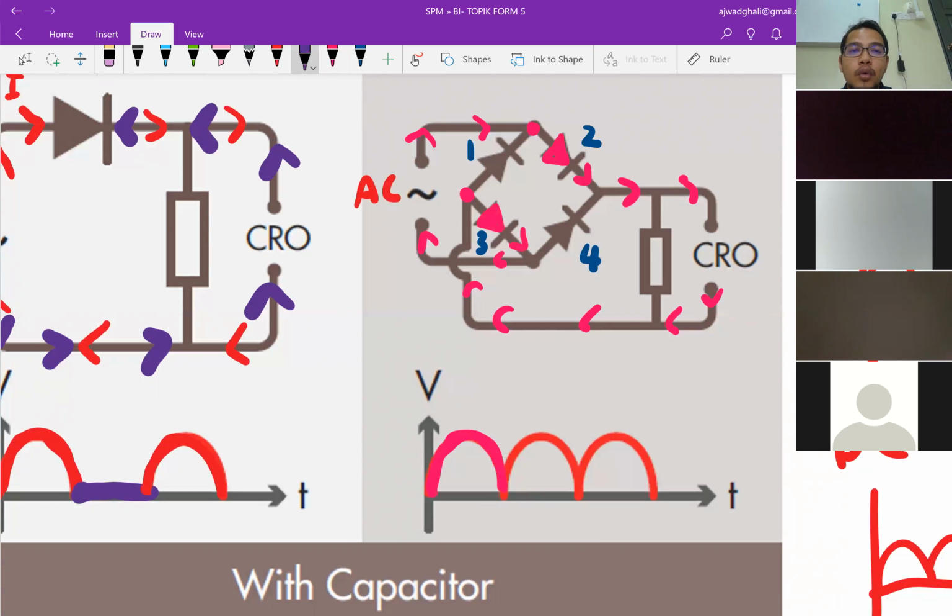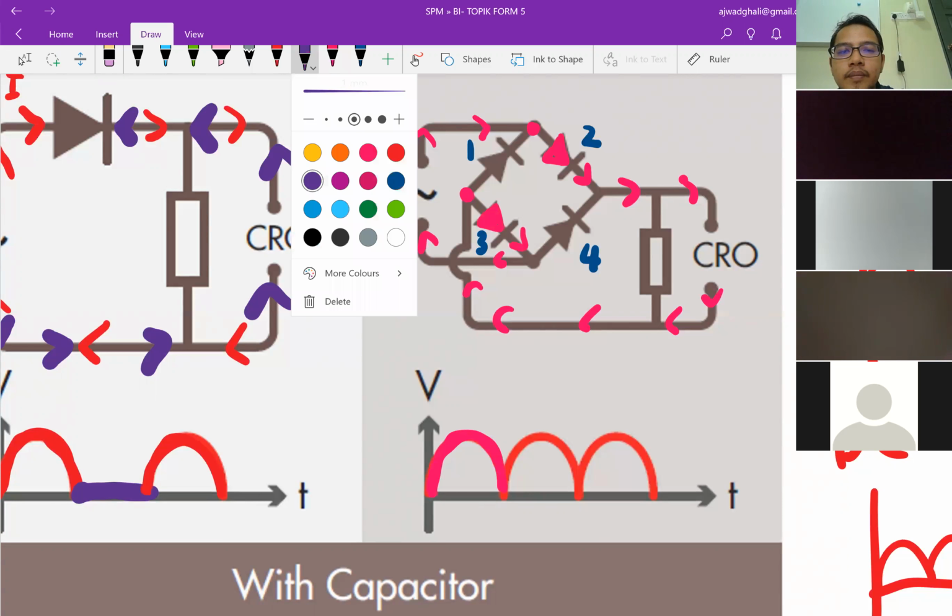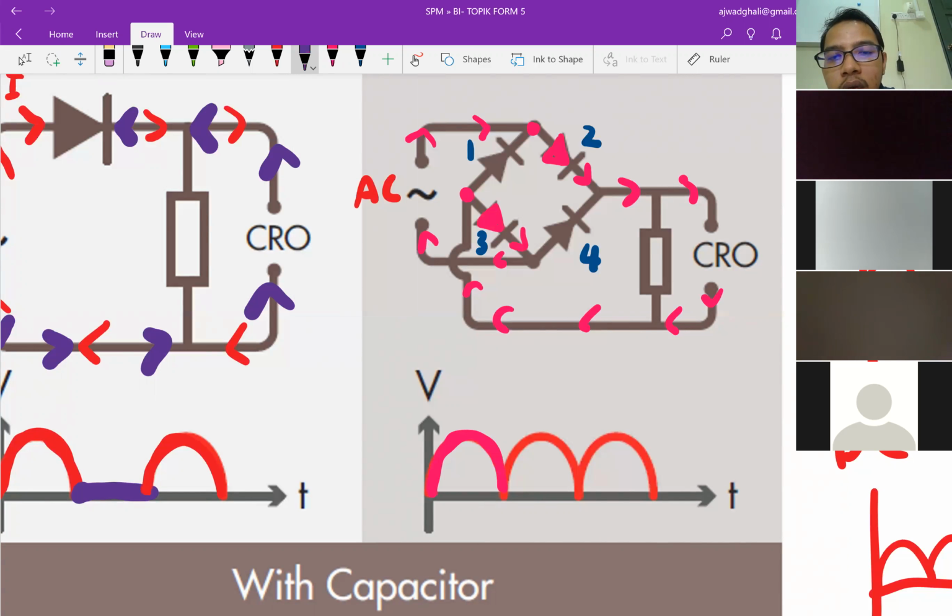Then current flows from the bottom. So current flows from the bottom till this junction. Okay. So it can't flow through number 3. So it flows through number 4. Okay, same direction, number 4.